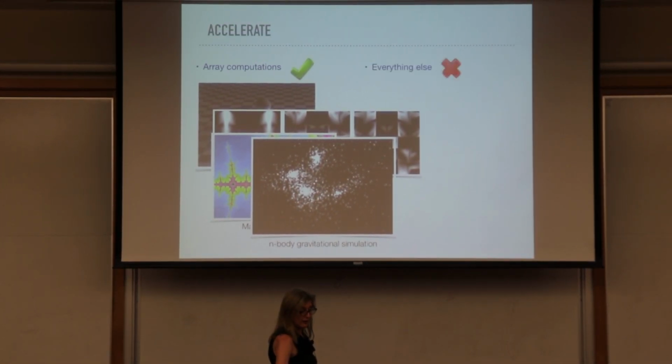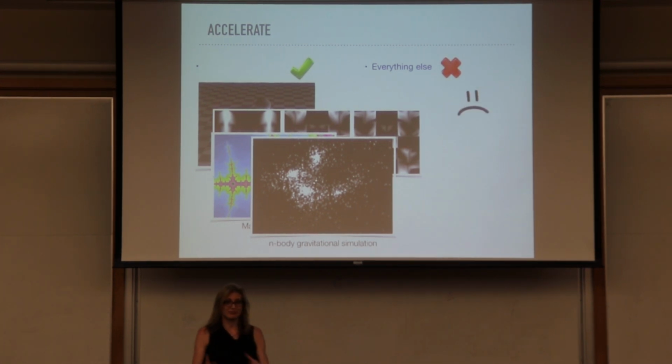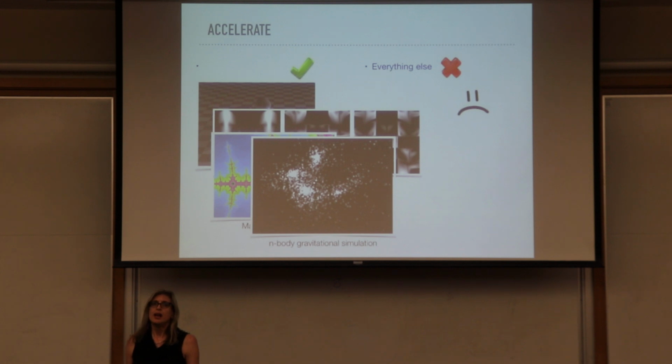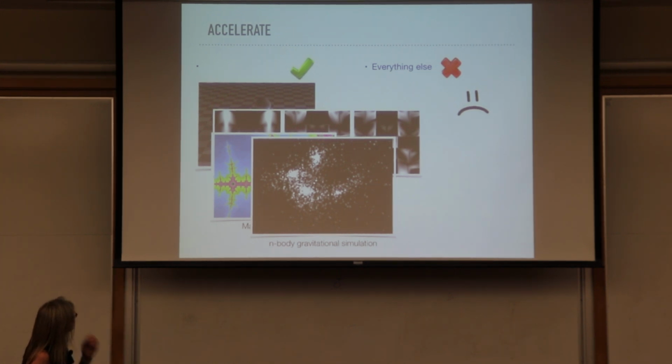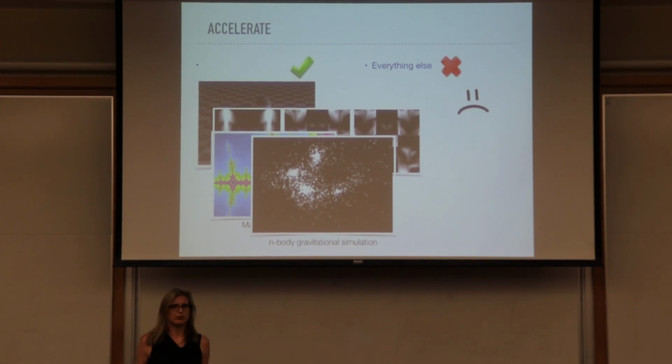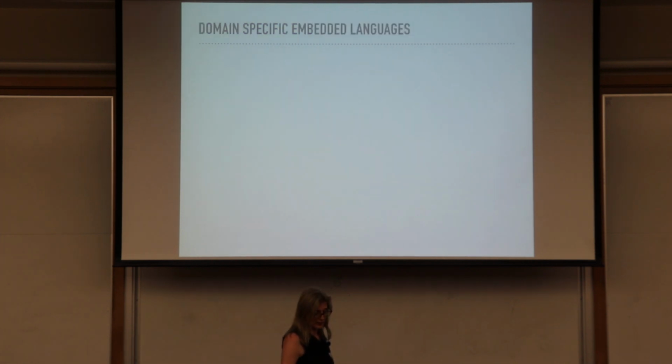So that's basically all we offer and what we focus on. A PhD student currently is working on a limited form of nested data parallelism for Accelerate, so hopefully we can offer that soon.